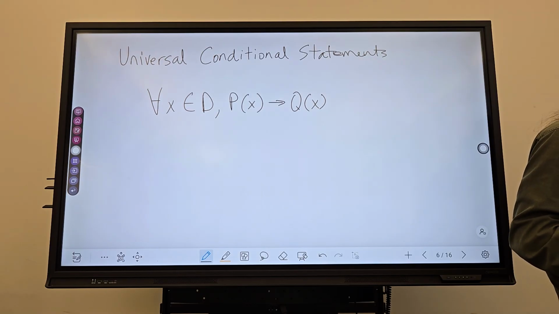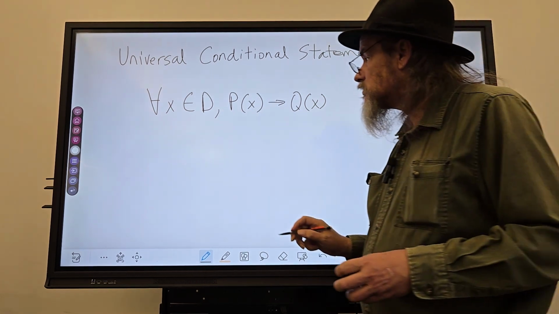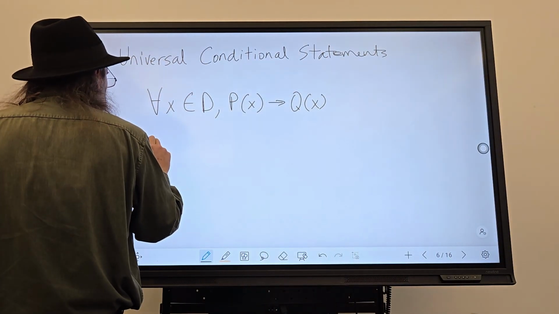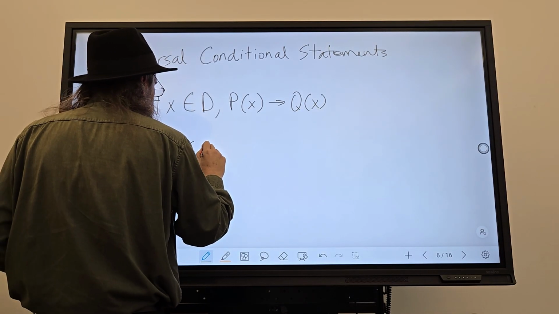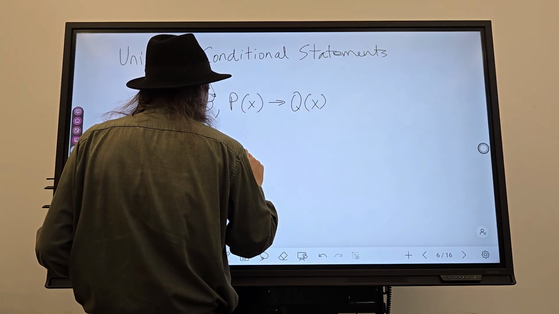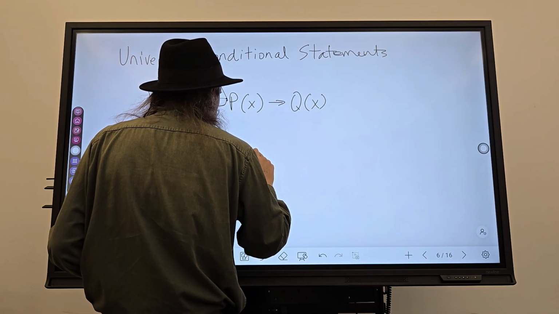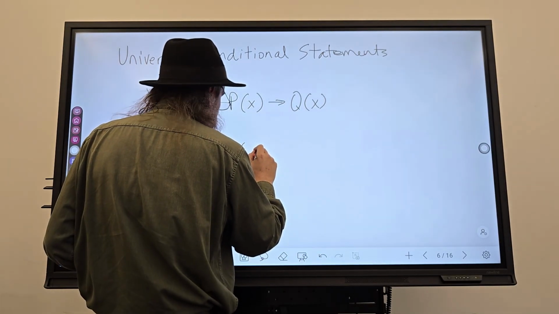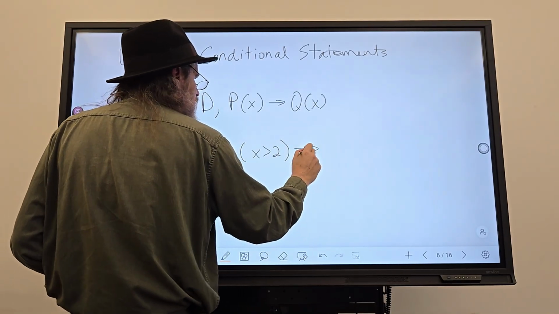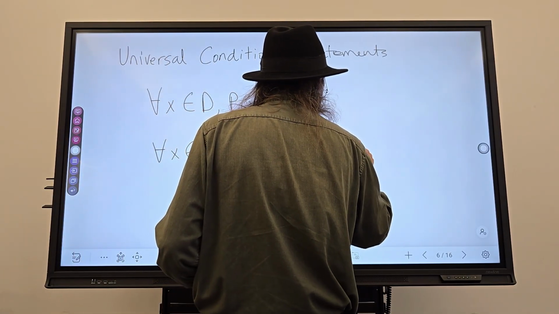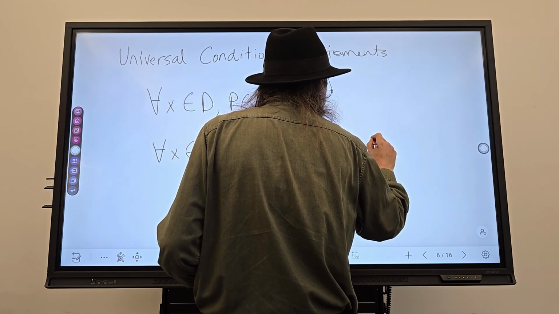So just informally, how would you express: for all x, element of R, if x is greater than 2, then x squared is greater than 4?